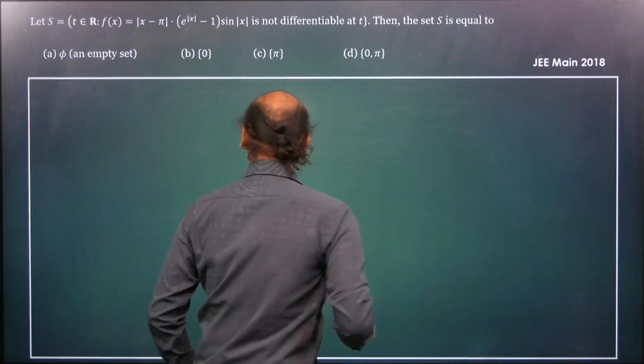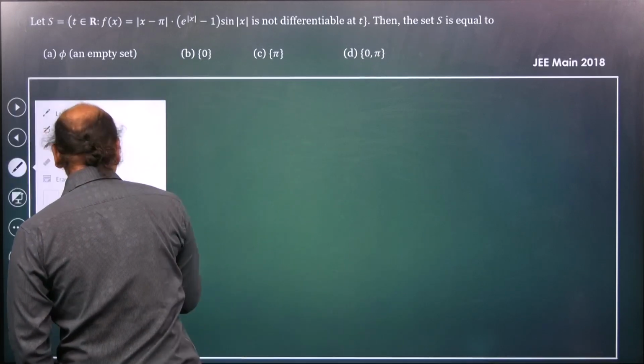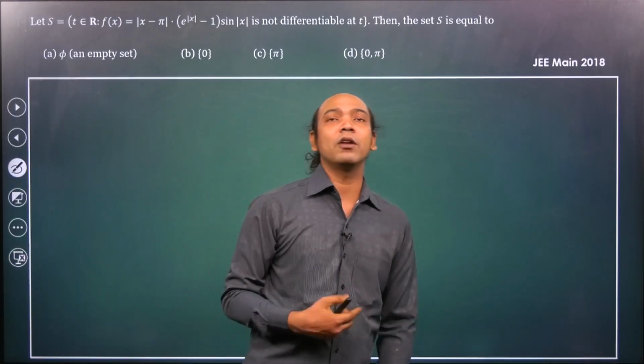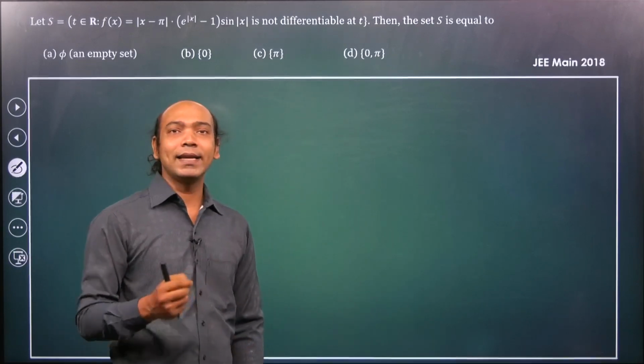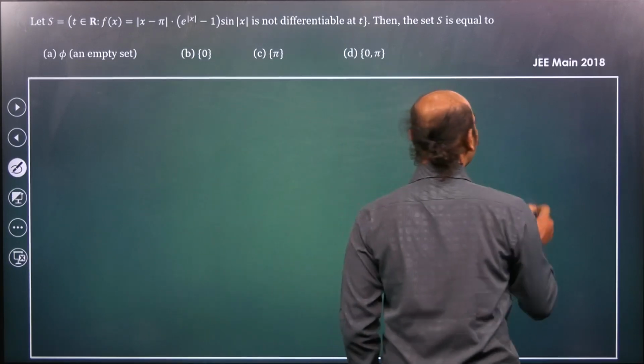Now see, for this particular problem, our doubtful points, where the function may not be differentiable, are x equal to pi and x equal to 0. So let's write that down.